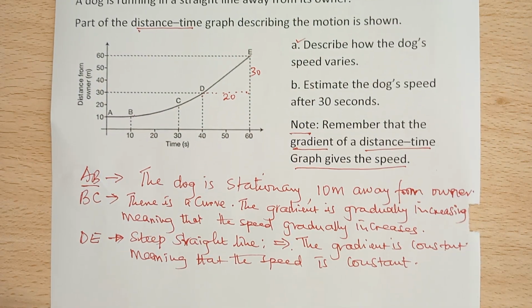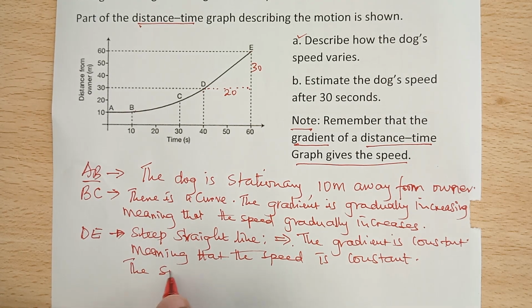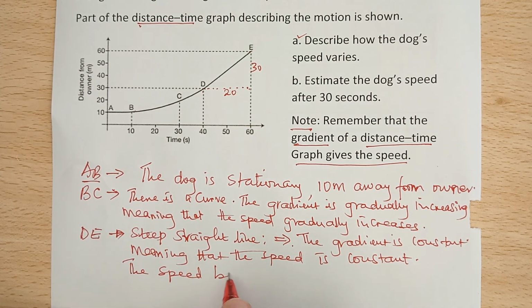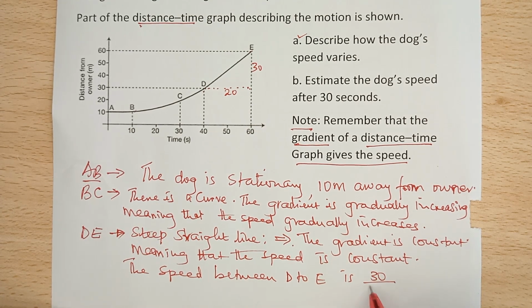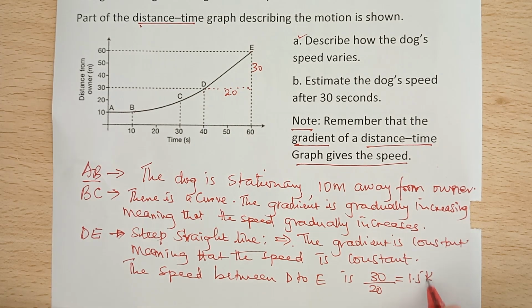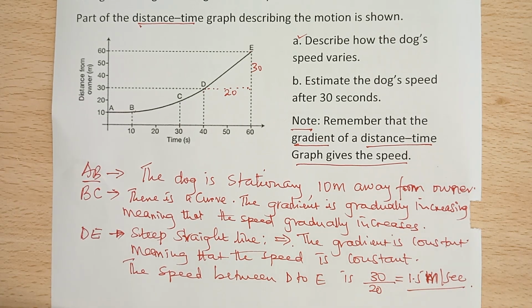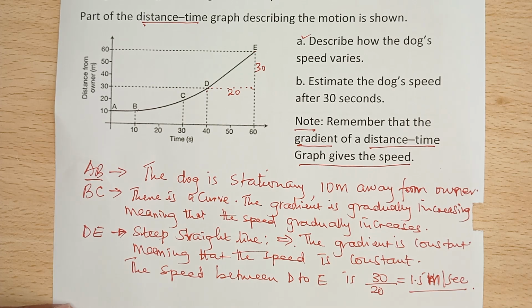So the speed between D and E is the gradient, which is 30 out of 20, which is 1.5 meters per second, because that is the rate. That is how we answer part A of the question.